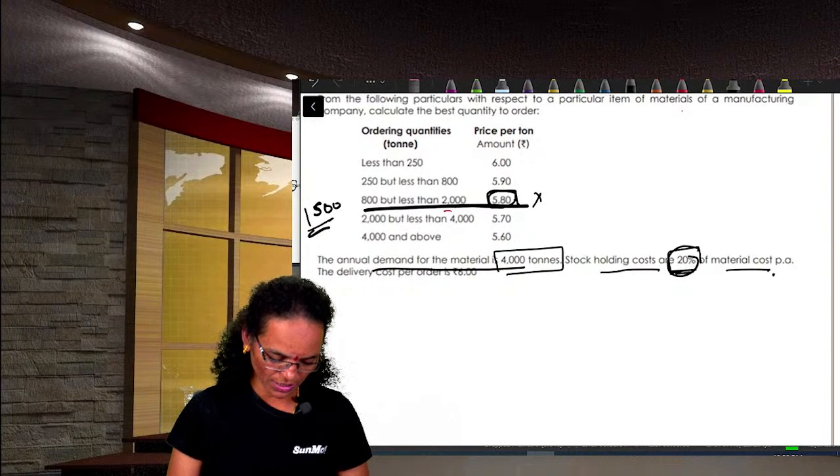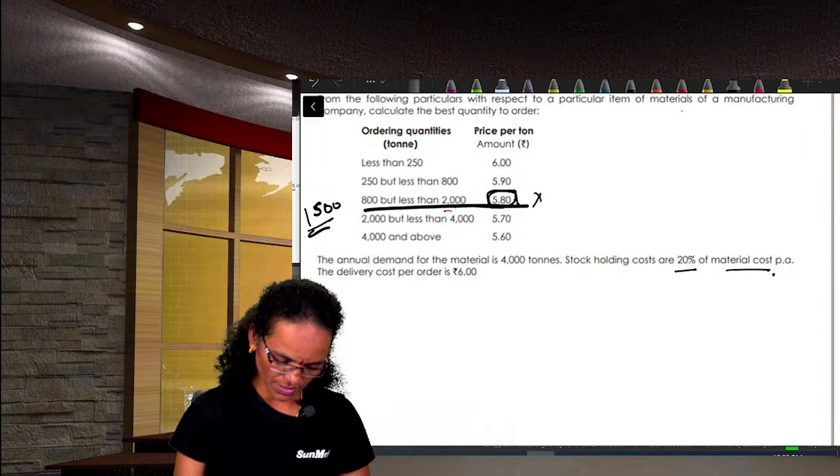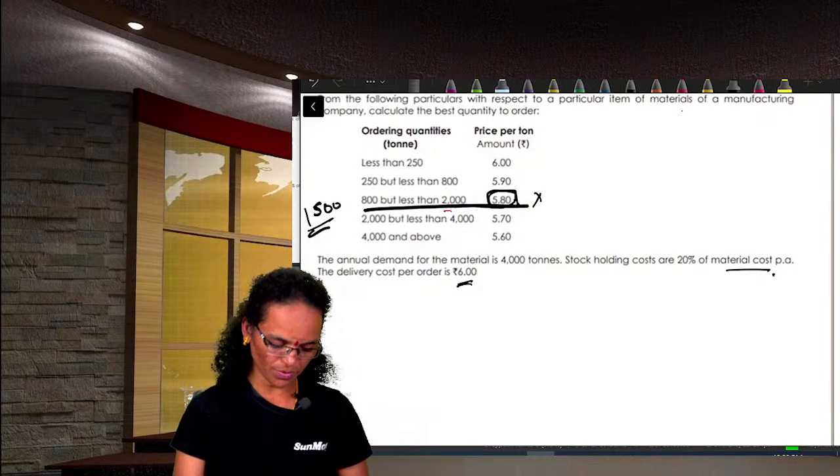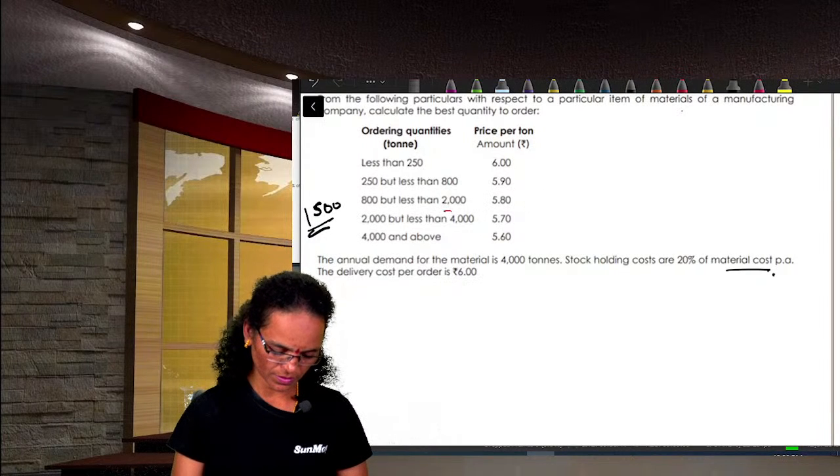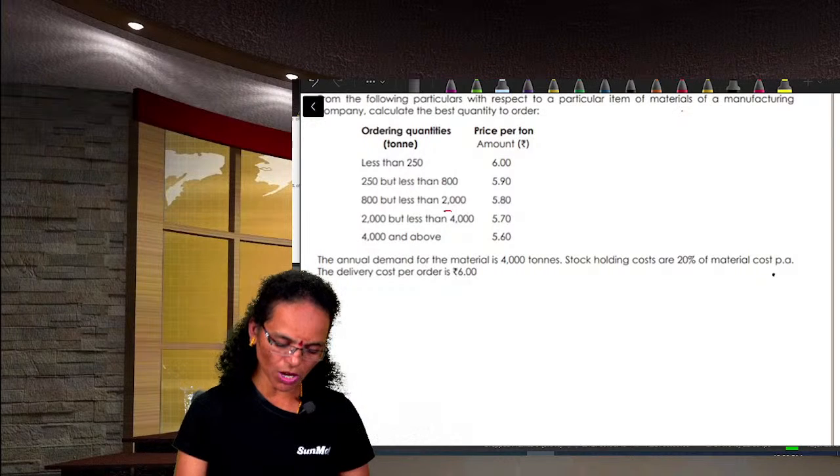The delivery cost per order is 6 rupees. That is the ordering cost.